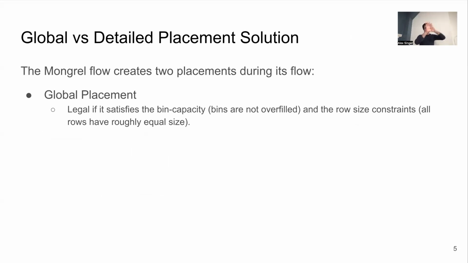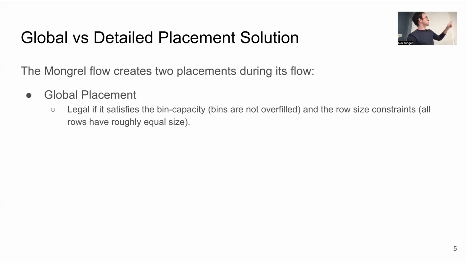So we take our region and break it into rows, and we break those rows into bins, and our goal is to make sure those bins are not overfilled. Now, this is a lot like analytical placement in VTR, where we're not going to enforce no overlap for the global placement. Let's ignore that overlap for now. Let's just say that bins can't be overfilled.